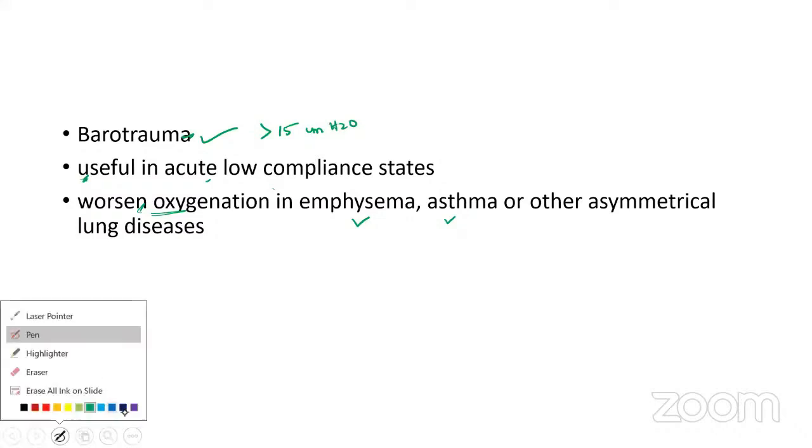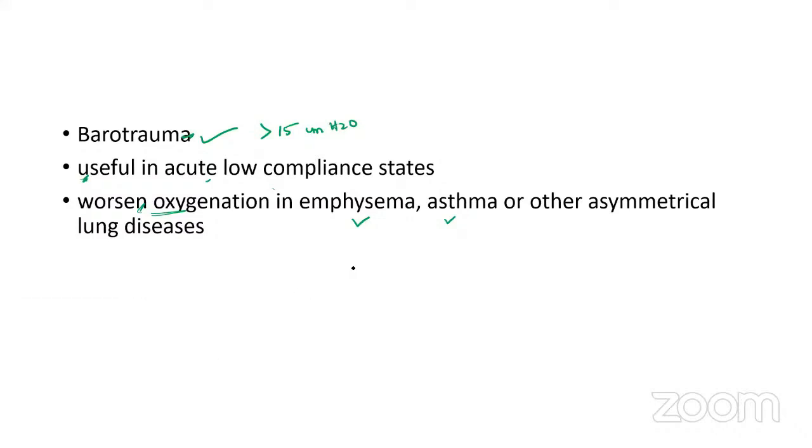A very common question about the side effects of PEEP: it reduces the blood pressure, reduces the urine output, reduces the mesenteric blood flow, but it increases the ICP. Very common question.